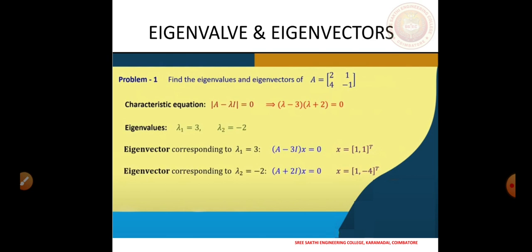So we have a system of equations which we need to solve to get the eigenvectors corresponding to lambda 1 equal to 3.